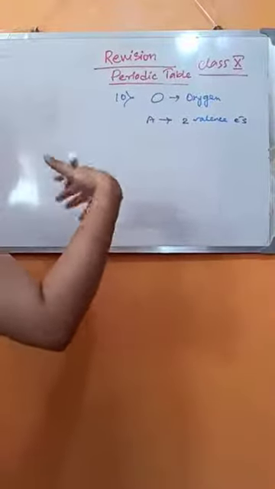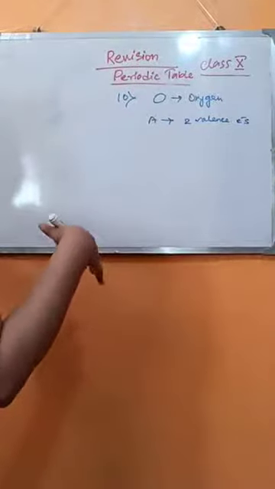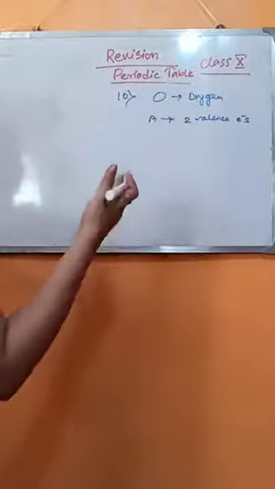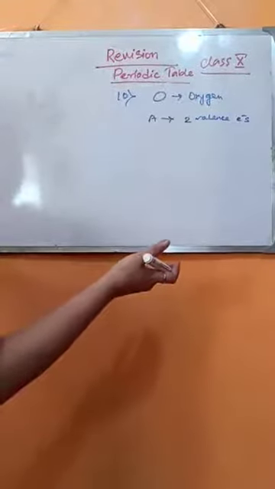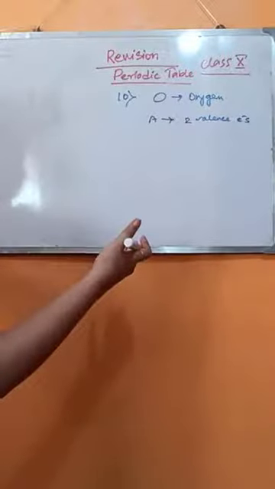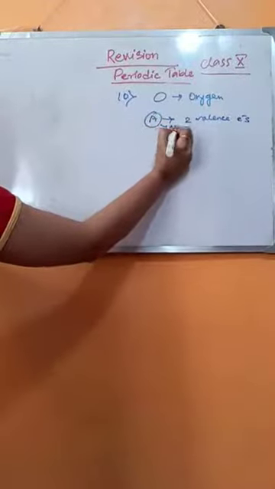It will easily want to lose 2 of its electrons. So if it loses 2 of its electrons, then it will become an electropositive element. And who becomes an electropositive element, or who readily loses electrons? Generally a metal. So A is a metal.